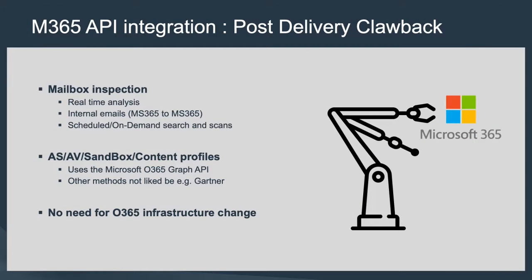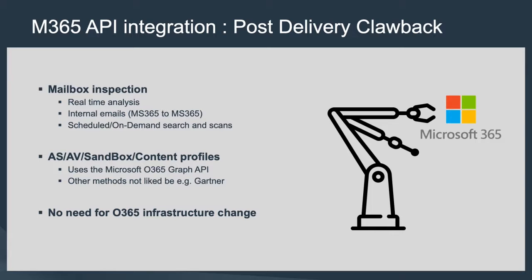It will do the mailbox inspection for you. It's a real-time analysis. It will check even the internal mails from one M365 mailbox to another. It can do on-demand scanning, it can do real-time scanning, whatever you want.